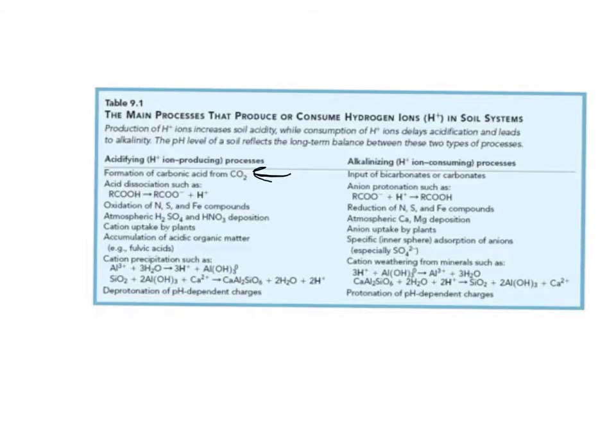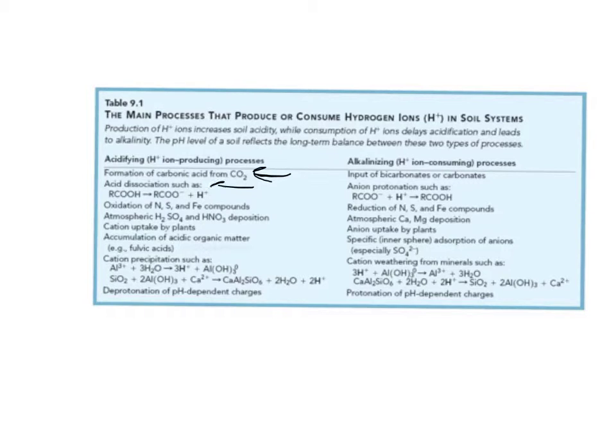So when that happens, you actually get a release of hydrogen ions. Okay, and you can look at equation 9.1 in your book to see that carbon dioxide plus water ends up giving you a release of hydrogen ions. Well, the more hydrogen ions we have in our soil solution, the more acidic our soil solution becomes.